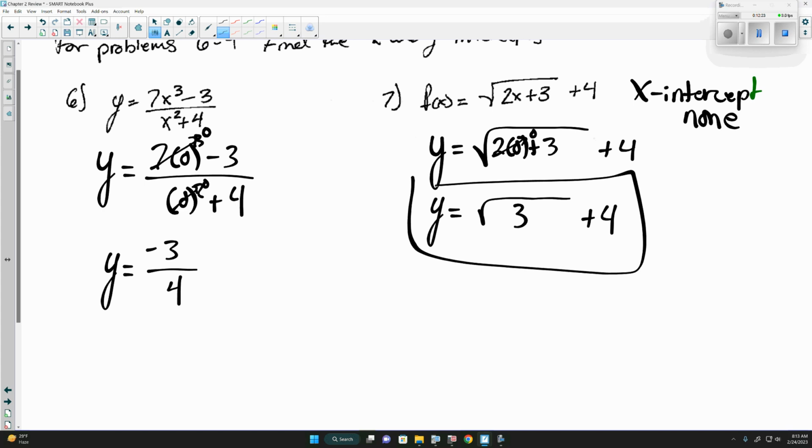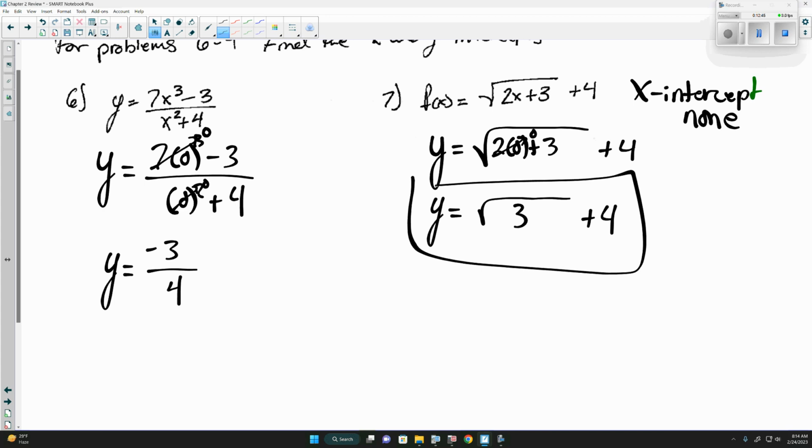All right. So for all these here, 6 through 9, to find the x and y intercepts, you're plugging in 0 for x, solving for y. Then plugging in 0 for y, solving for x. And once you do that, then you'll have the x and y intercepts. Now it is possible, especially for radicals, to not have one or both. So one or both could be none.